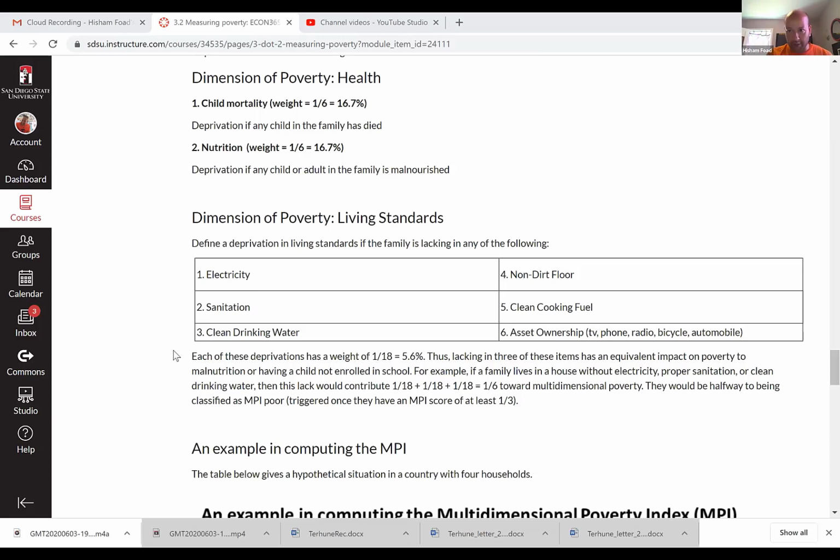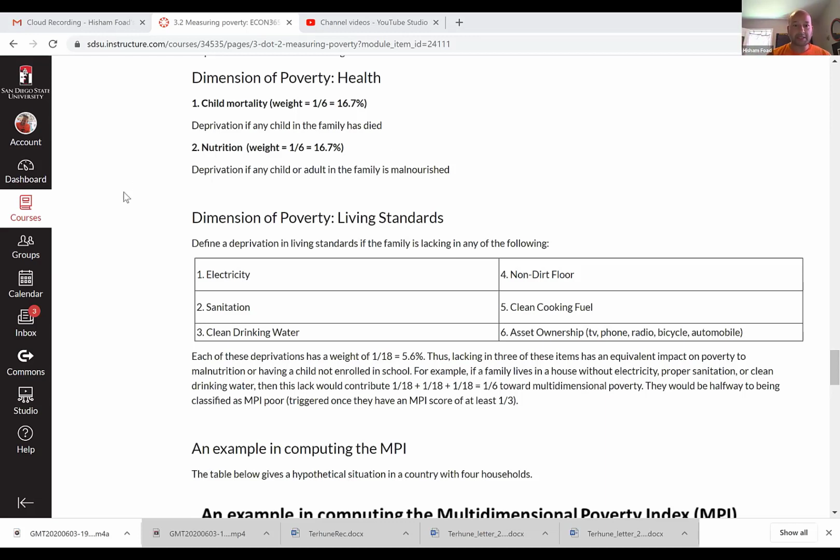Each one of those things that you don't have increases your MPI score by 1/18 or 0.056, 5.6%. So if you lack 3 of those, for example, that's equivalent to having had a child die or not having a child enrolled in school.